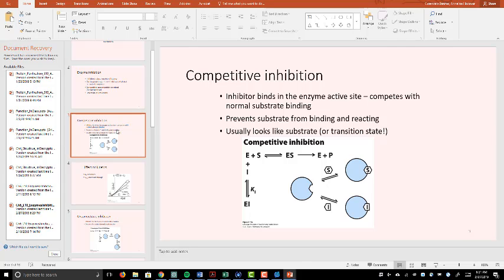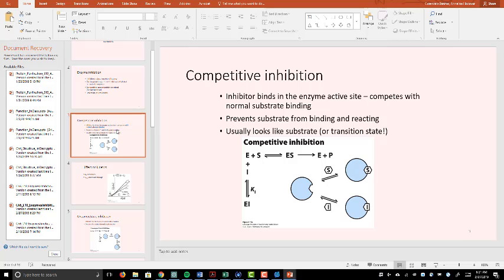And so in order for the enzyme to become half saturated, you're going to have to kick off some of that inhibitor. And one of the ways you can kick out an inhibitor is by the brute force of increasing the concentration of substrate.